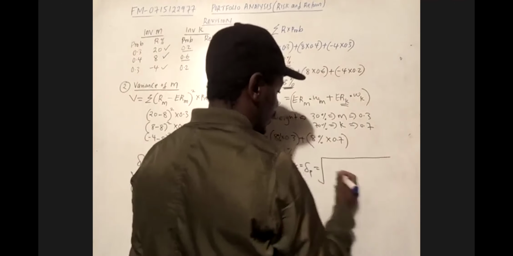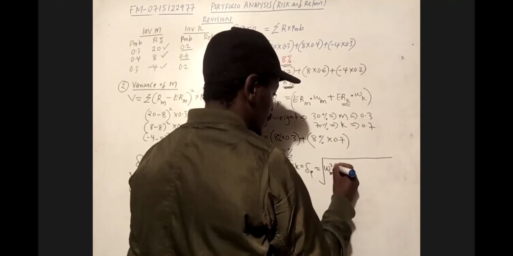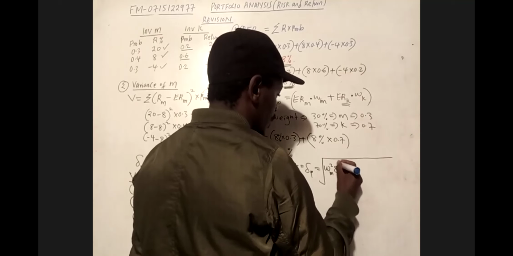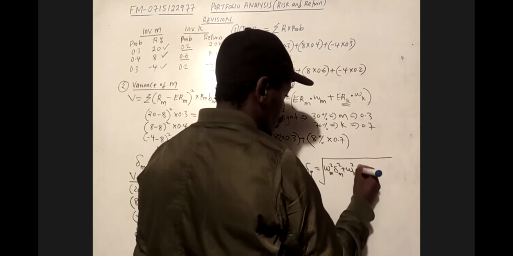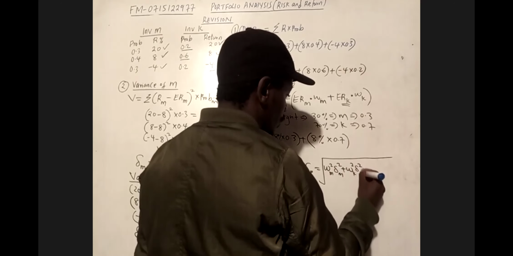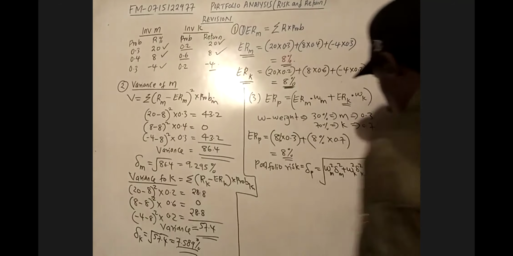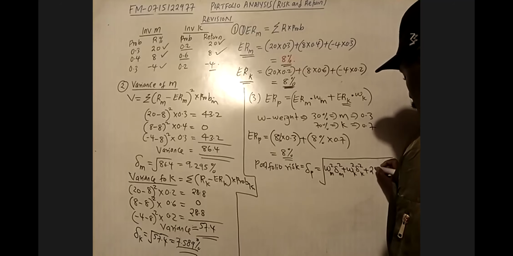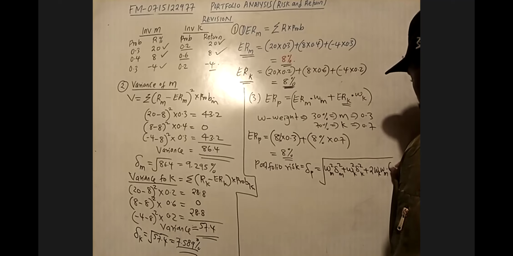You take the weight of M squared, multiply by the standard deviation of M squared, plus weight of K squared times the standard deviation of K squared, plus 2 times weight of K times weight of M times covariance of K and M.